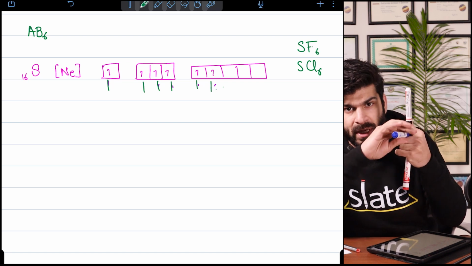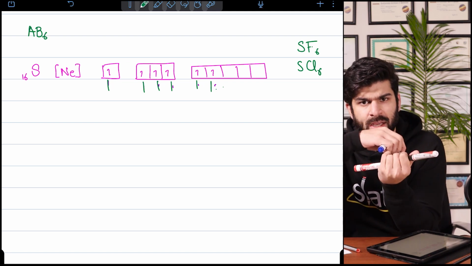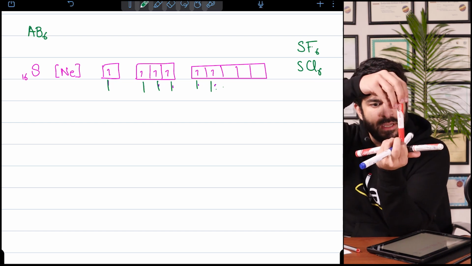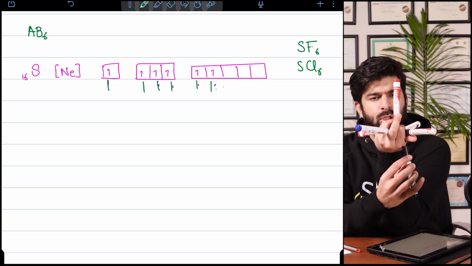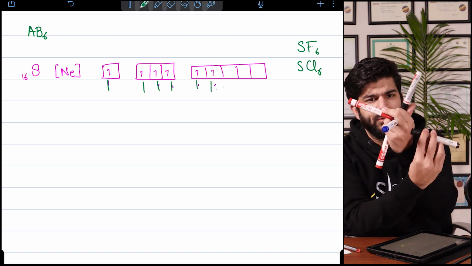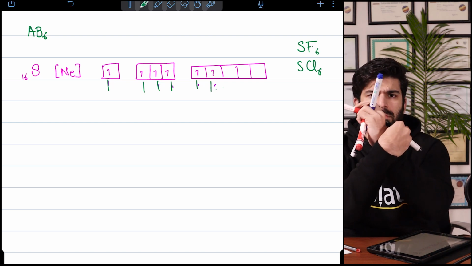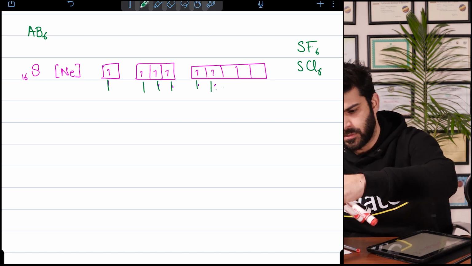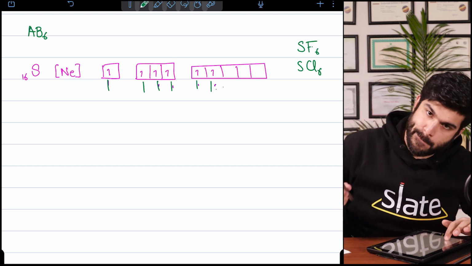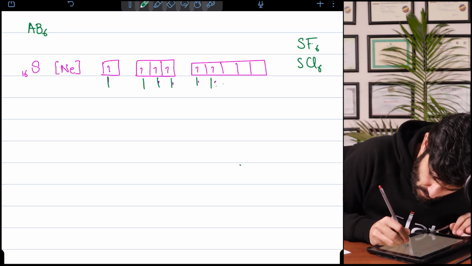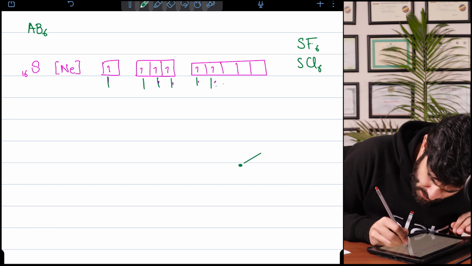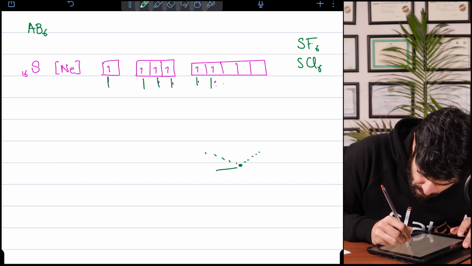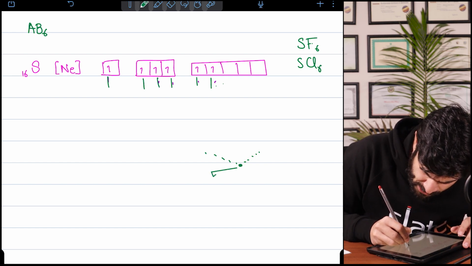Just like in bipyramidal, we had a 120 angle here. This time we'll have a 90 degree angle here, and 90 on the top, 90 on the bottom. So it's 90 from every direction. We just show it this way, that these are 90 to each other.